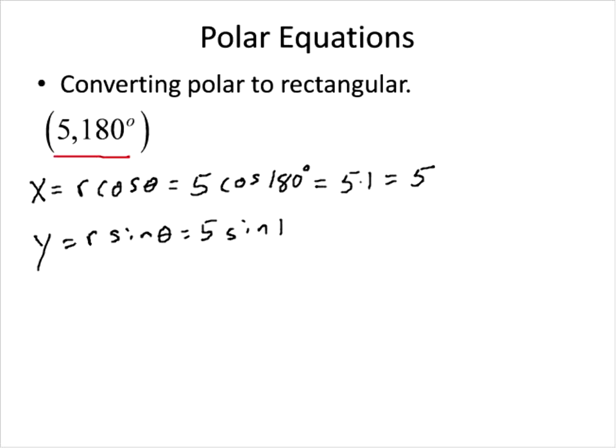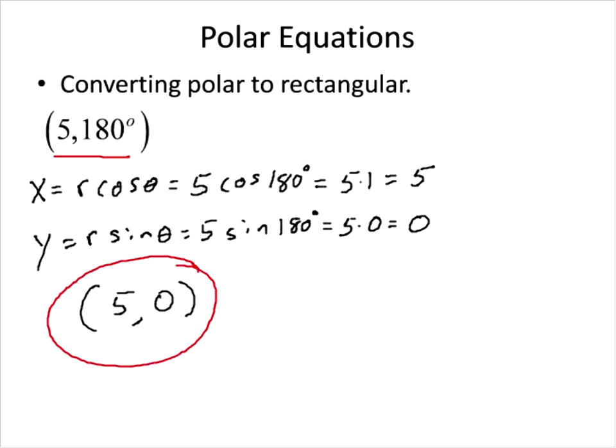So it's going to be 5 times the sine of 180 degrees. Sine of 180 degrees is a 0. So I have 5 times 0, and I get 0. So my x, y point will be 5, 0. So that's the same as the 5, 180 degrees in polar coordinates.